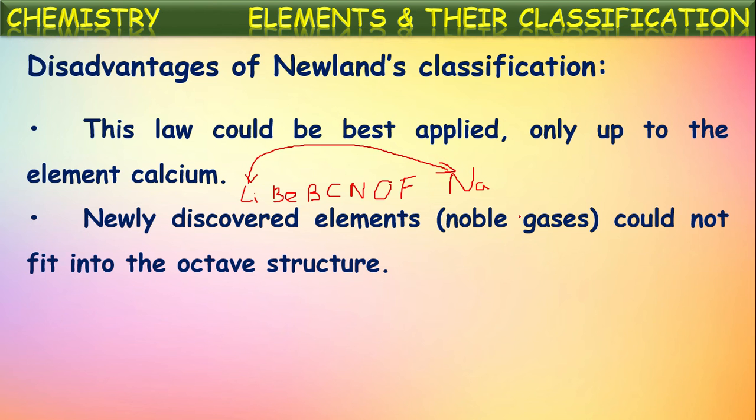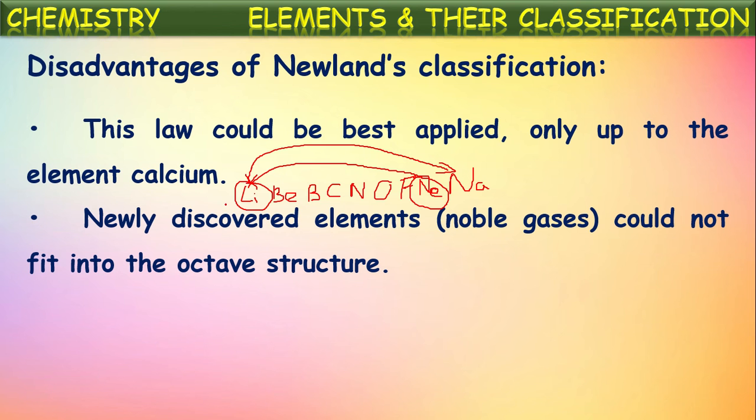But when noble gases are discovered, one element neon is fit in between fluorine and sodium. Now for lithium, the consecutive eighth element became neon, not sodium. But the properties of lithium and neon are entirely different from one to another, isn't it?